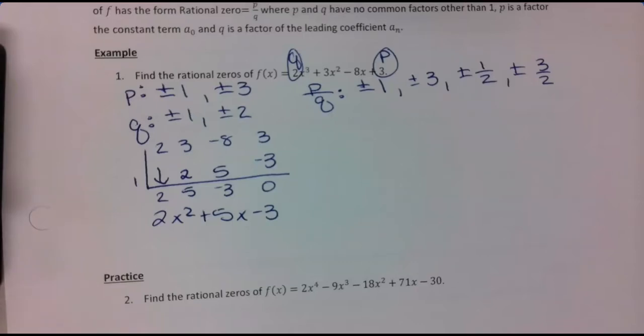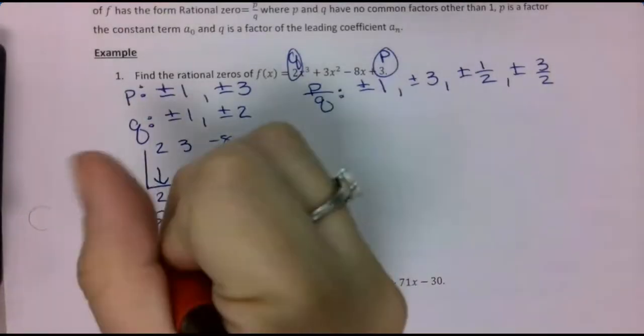Okay, so I wrote out the polynomial. So how do I factor this? Okay, so my A value is 2, and my C value is negative 3.